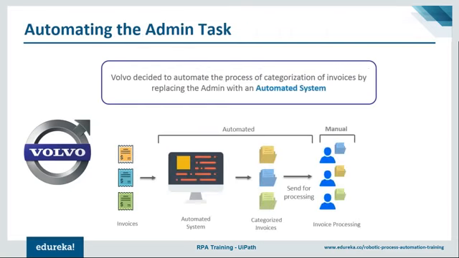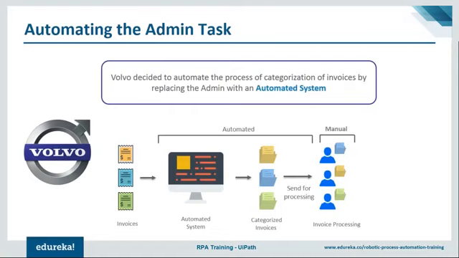So what Volvo did was, they removed the administrator from there and automated that system. So it automated the part of categorizing the invoices based on the subject lines of the mail which had the invoices. Because as technology advanced, they got to know there's a technology wherein computers can read the subjects of the mail and then decide which category it will go into.